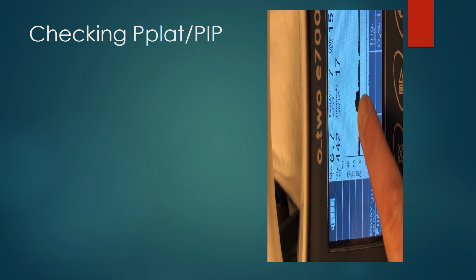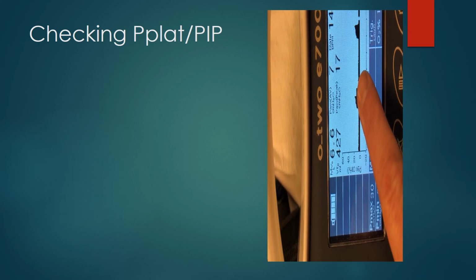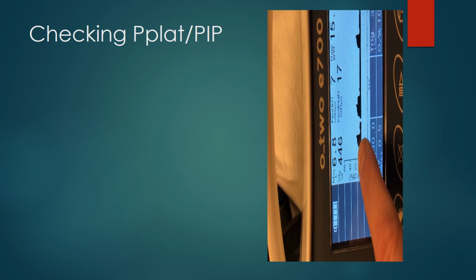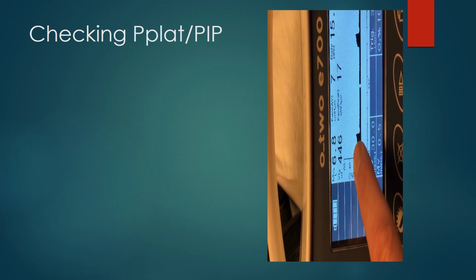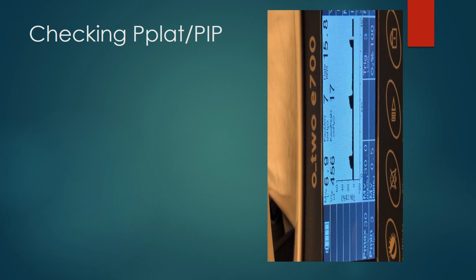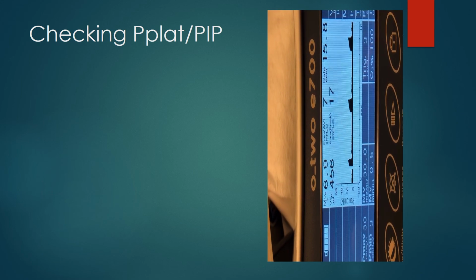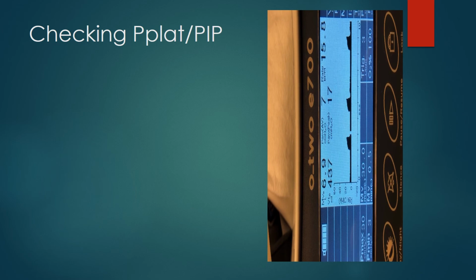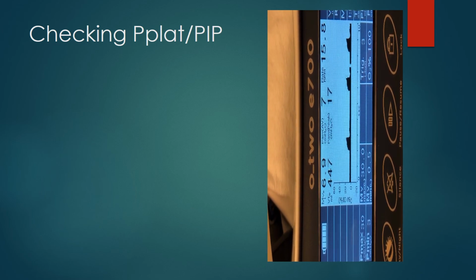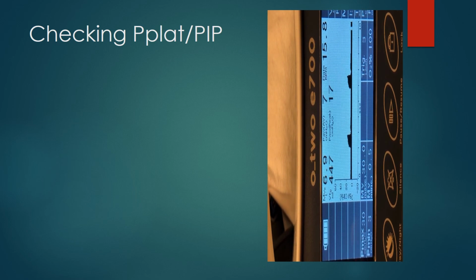Okay, so PIP is that top, and P-plat is here. And as you can see, it's not more than 30, because 30 would be up here. So we're still doing really well on our PIPs and our P-plats. That's just a demonstration on our vent of how to check our P-plat using our inspiratory hold for 0.5 seconds.